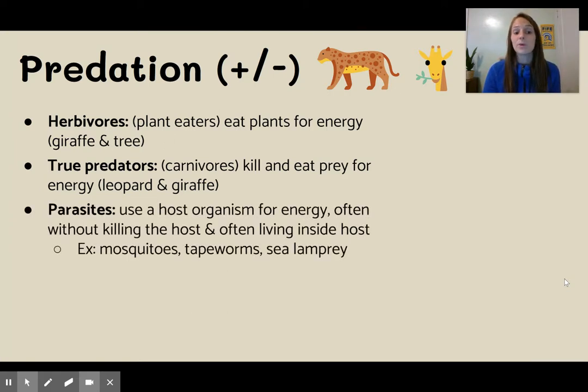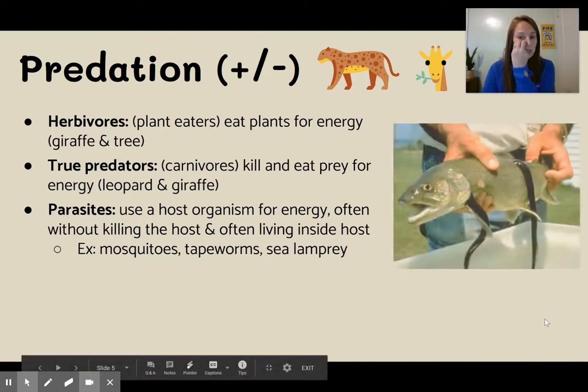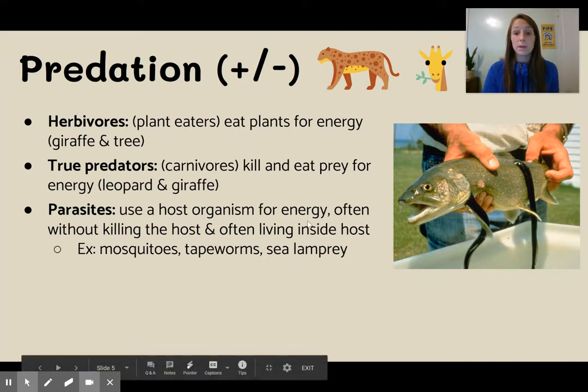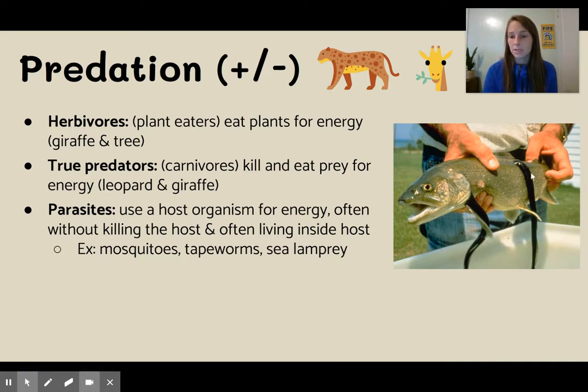Then the next type is going to be parasites. And these ones use a host organism for energy, but usually they don't kill them. They just kind of live inside of them. They steal resources, or they come by and steal resources and then they leave. But it is a type of predation. It just usually isn't going to result in death. So an example of this could be mosquitoes, where we get our blood sucked by them, or a sea lamprey, which this is a sea lamprey.